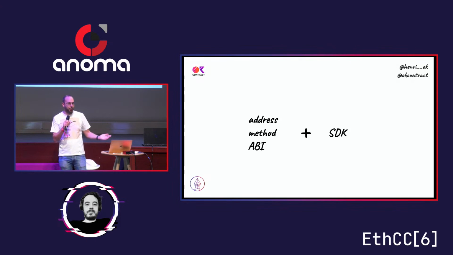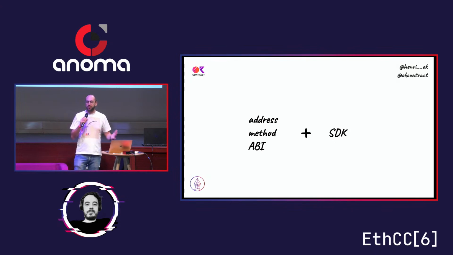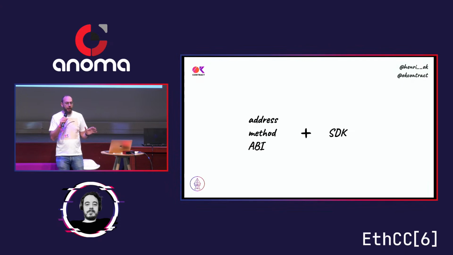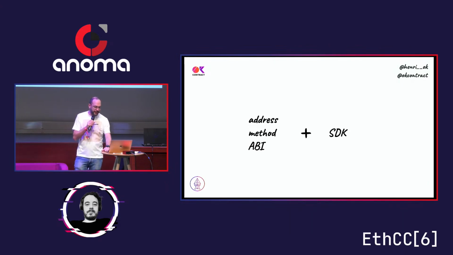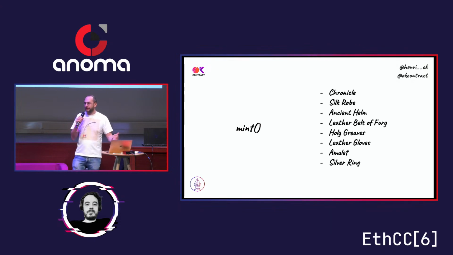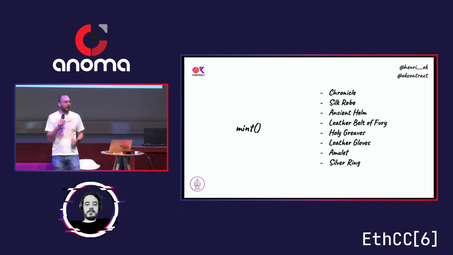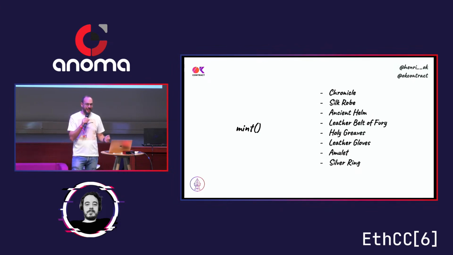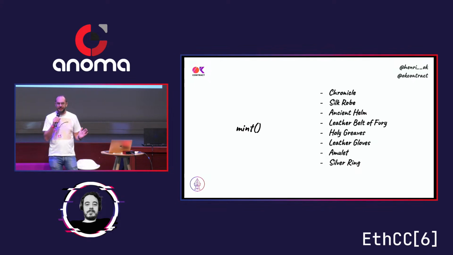Obviously, you need the deployed contract address, you need the method, you need the ABI, and if you want to program it yourself and not just go to Etherscan and use the simple bare-bones generated interface, then you'll need maybe an SDK. This is how, for instance, if you remember Loot, you've been minting a very cool list of items, and there was no front end at all provided by the project itself.